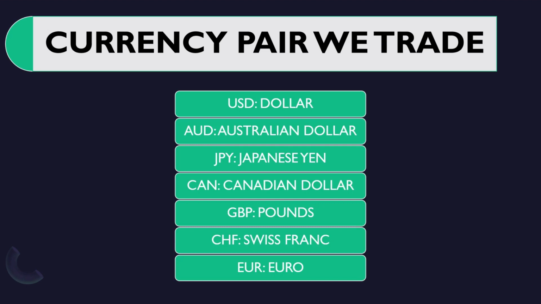The CHF, which is called Swiss franc, and the EUR, which is called euro. Now, when you're actually in the market, the whole names won't come out like this. It will come out in the short form. When you see those words in the short form, you will know that this is the pair that you're going to be trading.